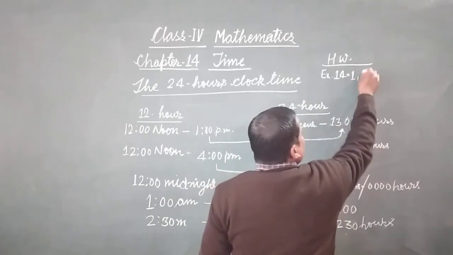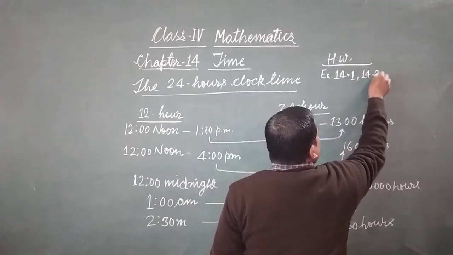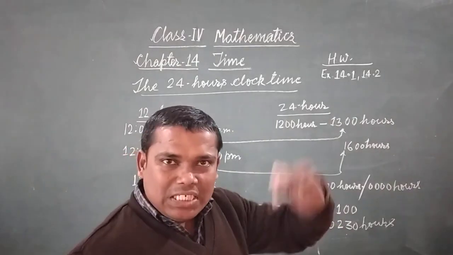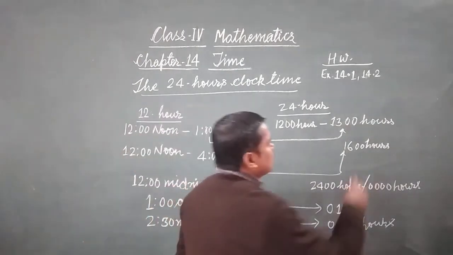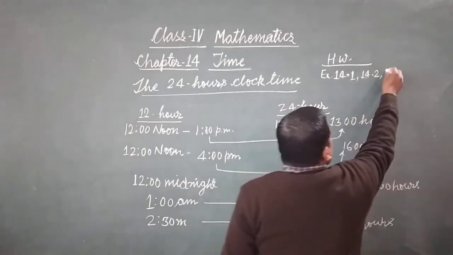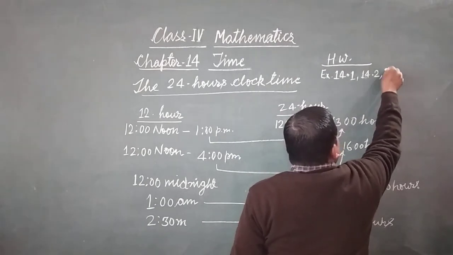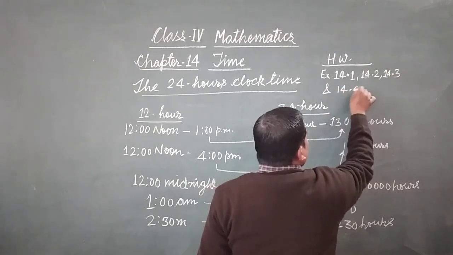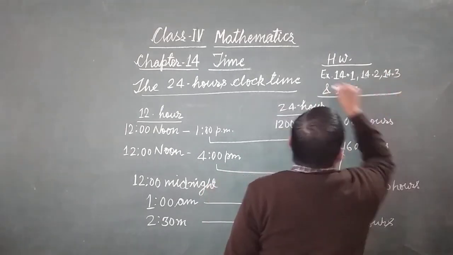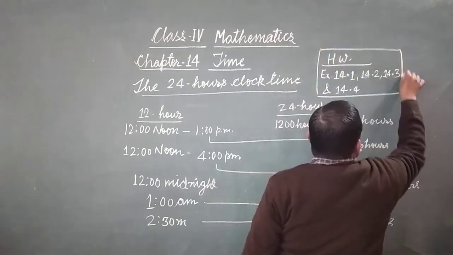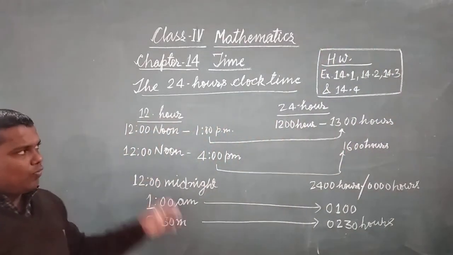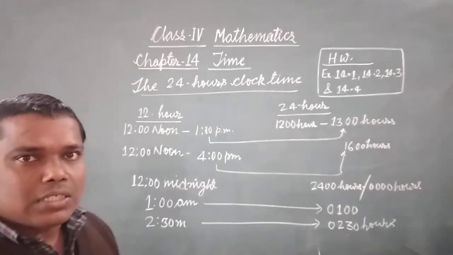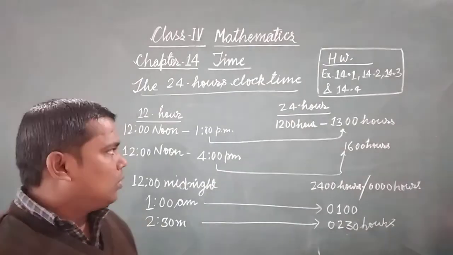Then 14.2 is given only with the face of the clock, with numbers written in Roman numerals. 14.3 is the usage of AM and PM, and 14.4 is based on the 12-hour or 24-hour time format. So I hope you will be able to do the questions. I will discuss with you in Google Class Meet also. So thank you.